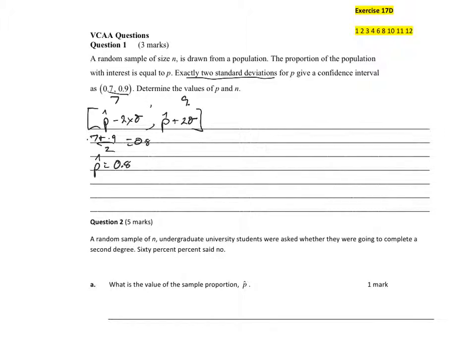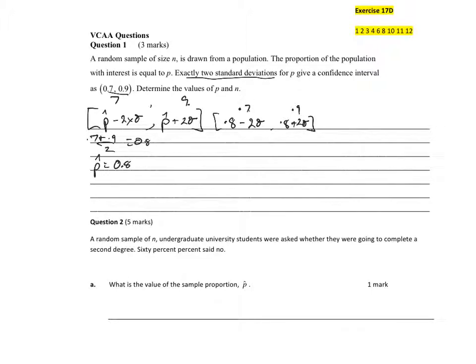So that means from here we've got 0.8 minus 2 times the standard deviation, or 0.8 plus 2 times the standard deviation. You could use either one of these to solve the equation.